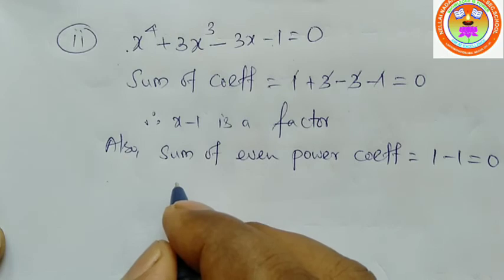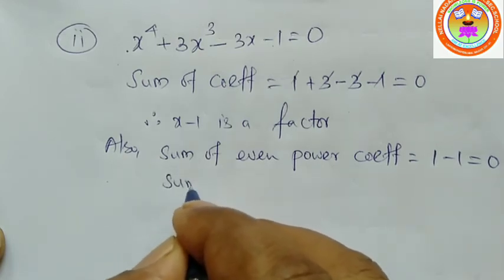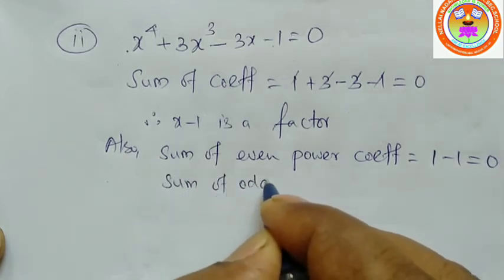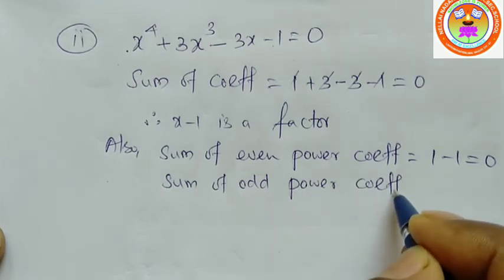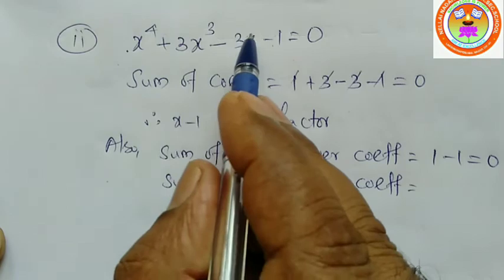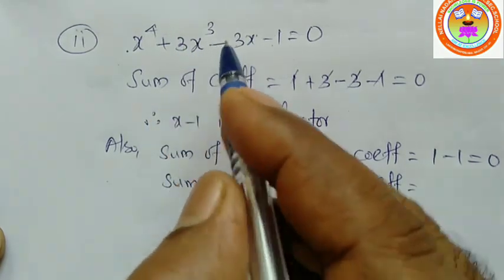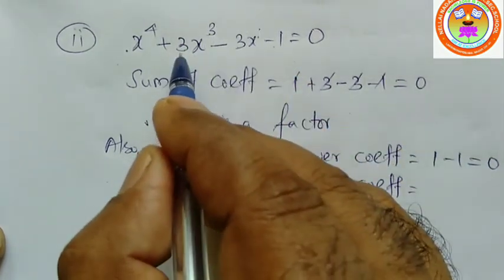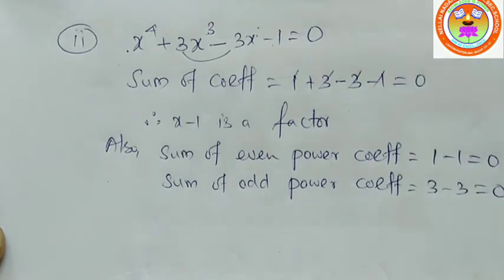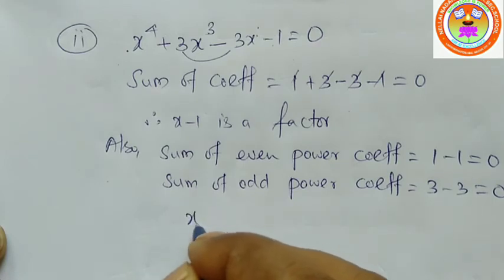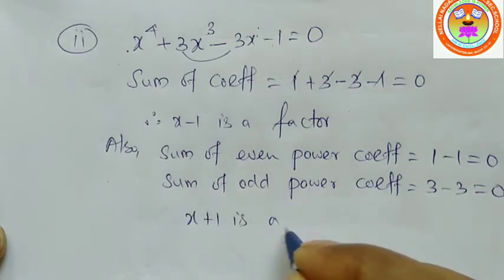Likewise, the sum of odd power coefficients. Odd power means 3 and 1, right? So 3 minus 3, see here 3, here 1, so the coefficient is 3 minus 3, that is also 0. So the sum of even power coefficients is equal to the sum of odd power coefficients, then we can say x plus 1 is a factor.